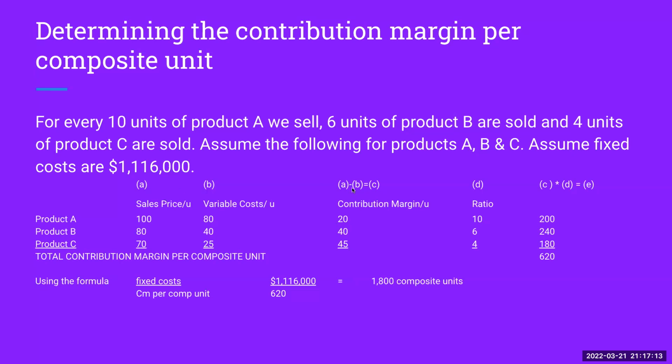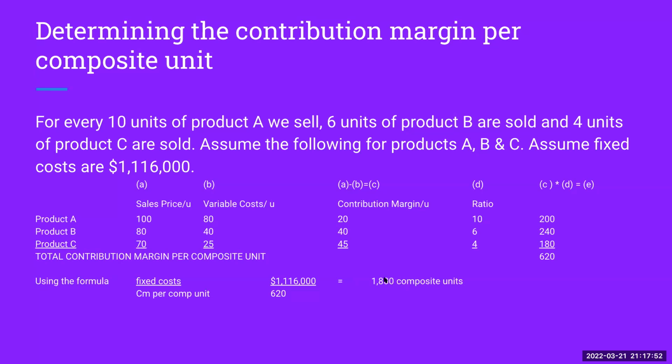A minus B equals C. I'm going to do the same for product B and product C. Once I have my contribution margin per unit, I multiply it by the ratio: for every 10 of A we sell 6 units of B and 4 units of C. This gives me my total contribution margin per composite unit. Dividing this into fixed costs tells me how many composite units we need to sell to achieve break even.